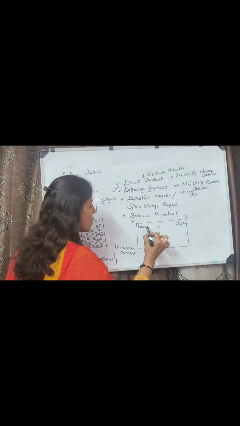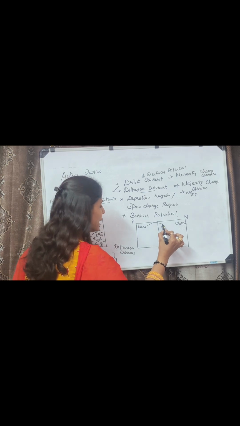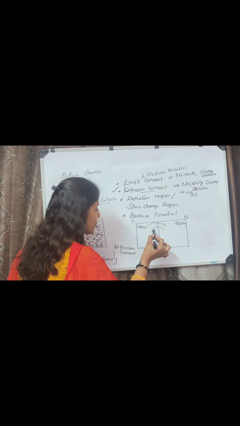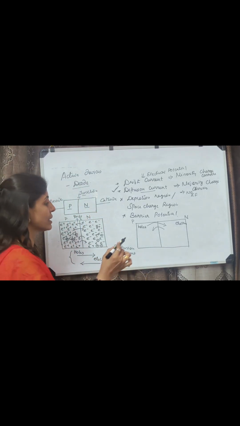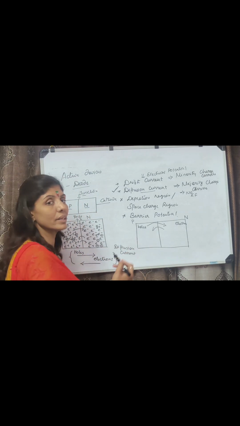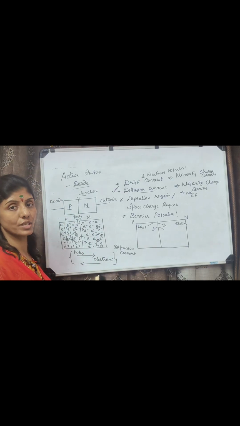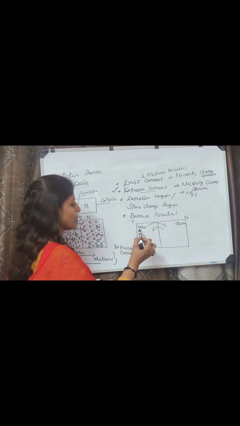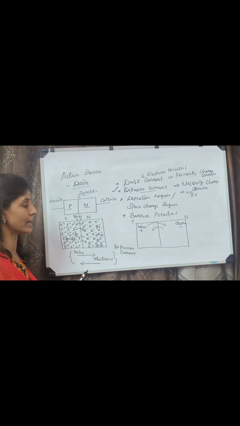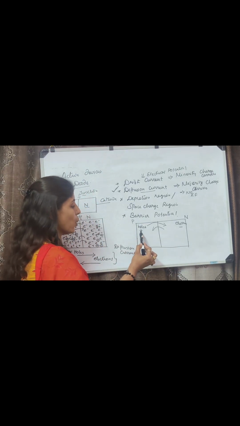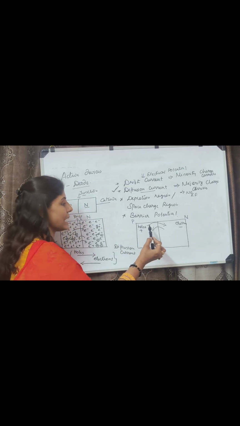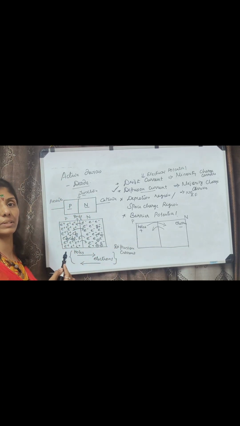See, while holes move from the P region to the N region, and electrons move from the N region to the P region, these two try to recombine because both are oppositely charged particles. This one is a positively charged particle and this is a negatively charged particle. So the holes try to recombine with the electrons, and the electrons also try to recombine with the holes.